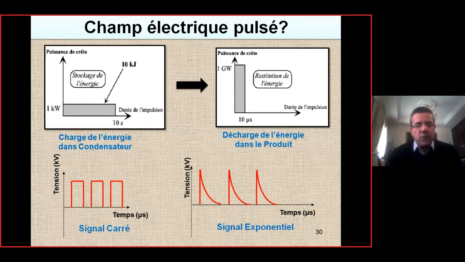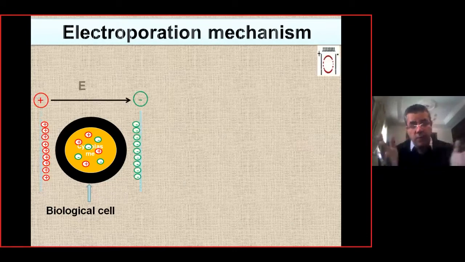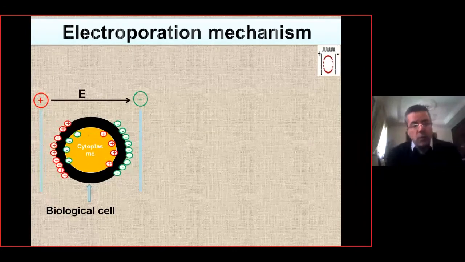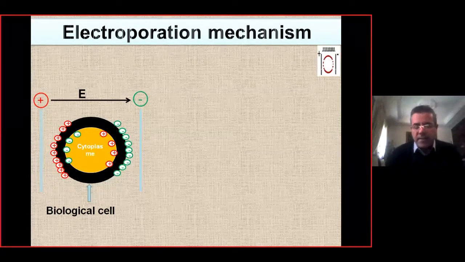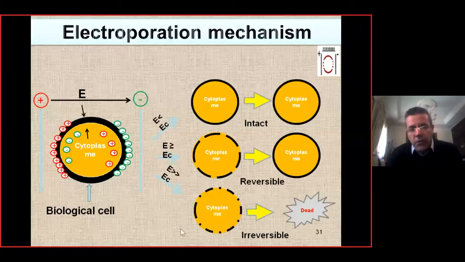Why do we apply this during microseconds? To produce what we call electroporation of biological cells. When we have an electric field strong enough, the cell membrane is stressed, and there are pores here. If the electric field is not strong, there is nothing.